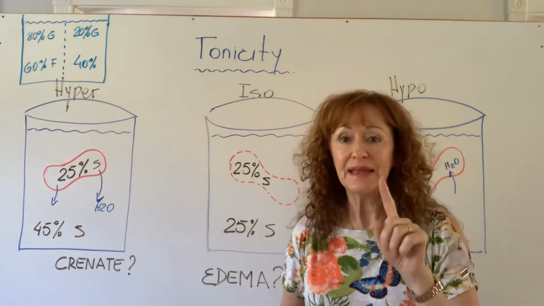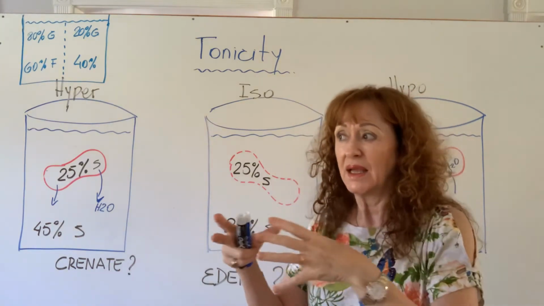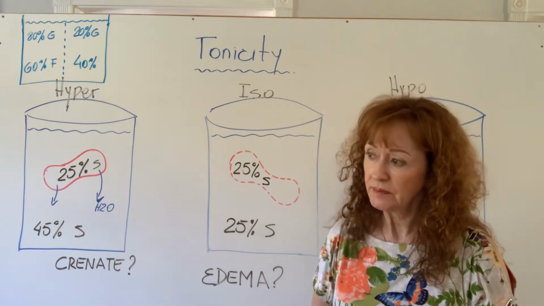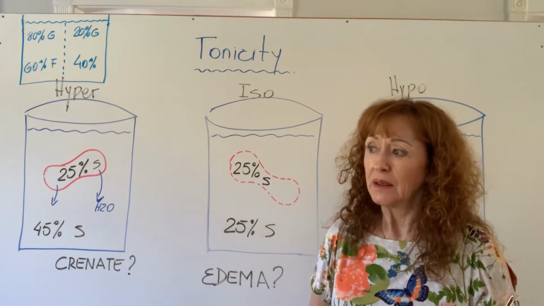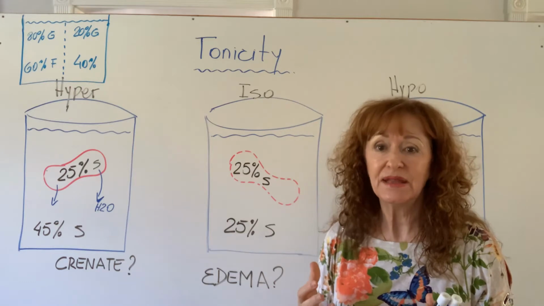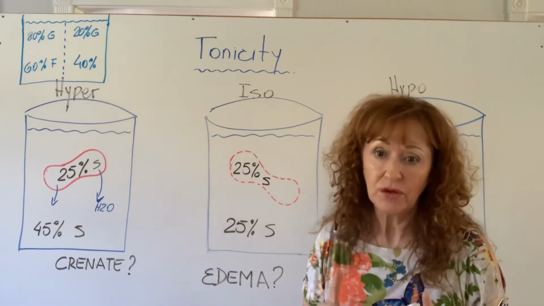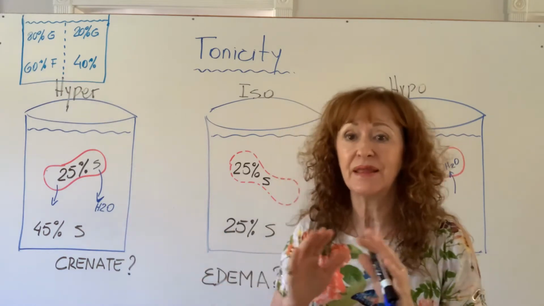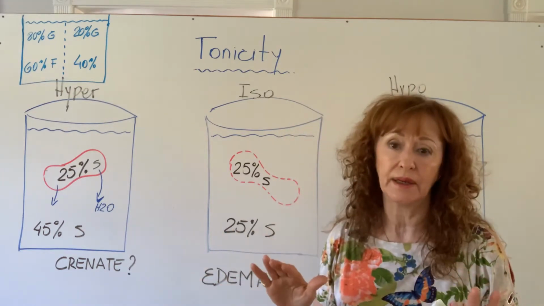Water has different characteristics, because in the case of water, osmosis is defined as the diffusion of water. It's not the diffusion of other molecules, it's the diffusion of only water.